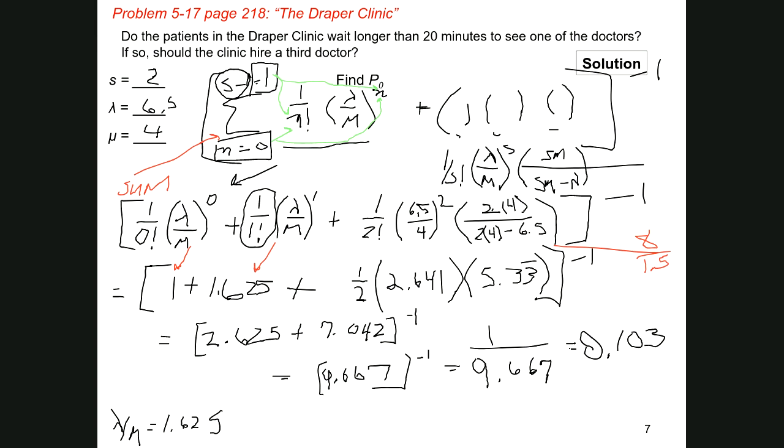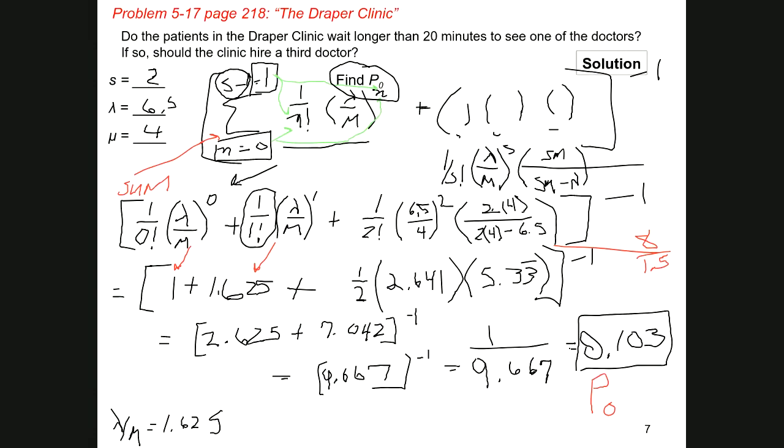So now ask yourself, what is this 0.103? If you go all the way back, we're finding p sub 0. So this term is p sub 0.